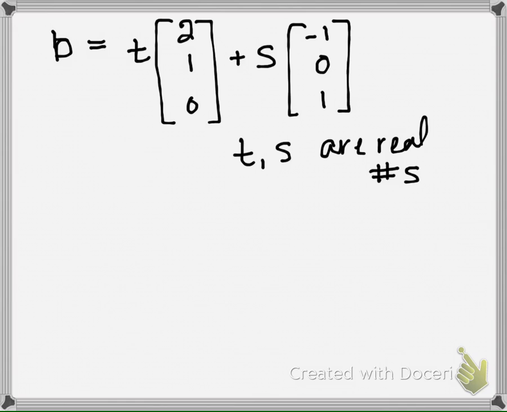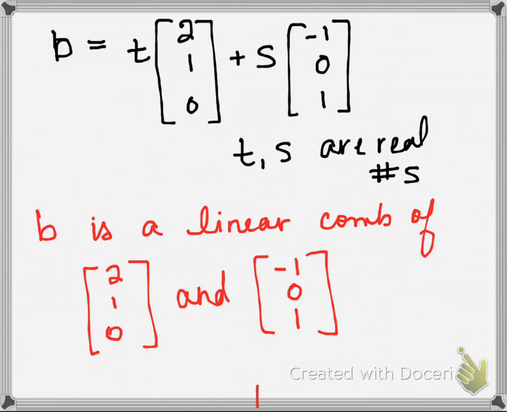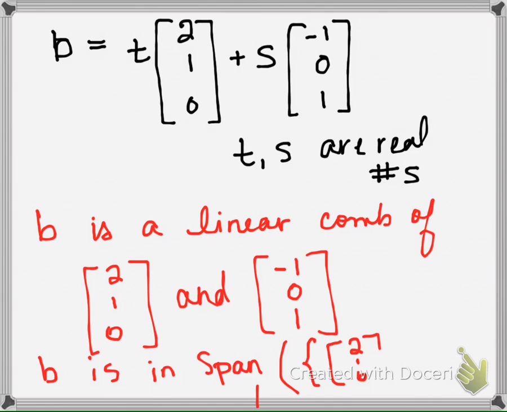They are a linear combination of (2, 1, 0) and (negative 1, 0, 1). In other words, B is in the span of the set {(2, 1, 0), (negative 1, 0, 1)}.